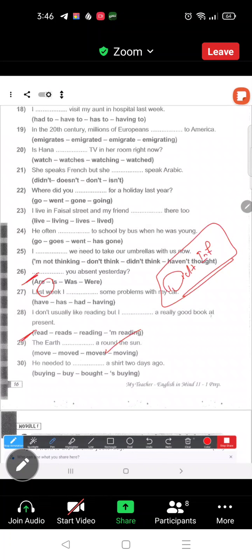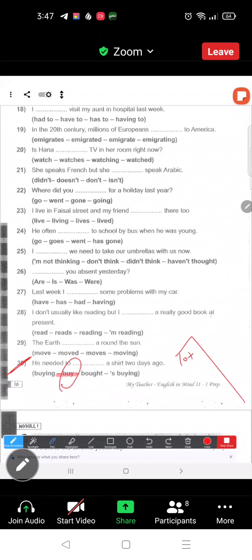Number 30. He needed to buy a shirt 2 days ago. He needed to buy. Excellent. Because after to, we also use the infinitive form of the verb. Okay, let's move to 26.